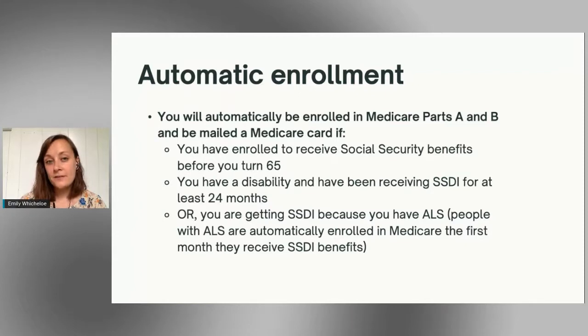You will be automatically enrolled in Medicare Parts A and B and be mailed a Medicare card if you have enrolled to receive Social Security benefits before you turn 65, you have a disability and have been receiving Social Security Disability Insurance, SSDI, for at least 24 months, or if you are getting SSDI because you have ALS. People with ALS are automatically enrolled in Medicare the first month that they receive SSDI benefits. They don't have that 24-month waiting period.